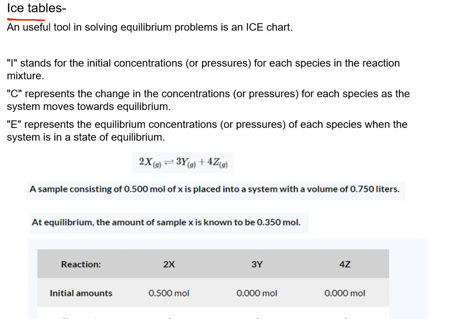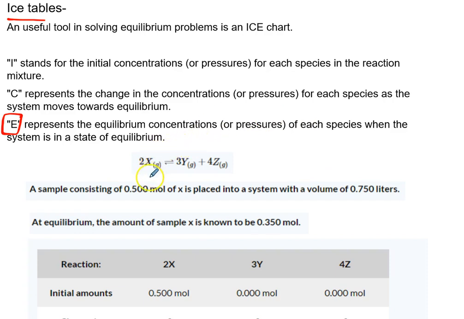C represents the change in the concentration or pressure for each species as the system moves towards equilibrium. E represents the equilibrium concentration or pressure of each species when the system is in a state of equilibrium. For this part, E is what I really care about, because that's what I'm going to shove into my mass action expression. So E is what we're looking for.